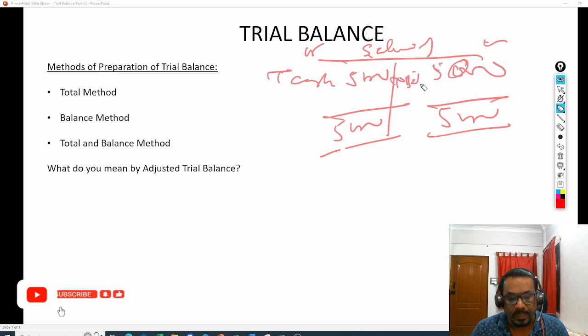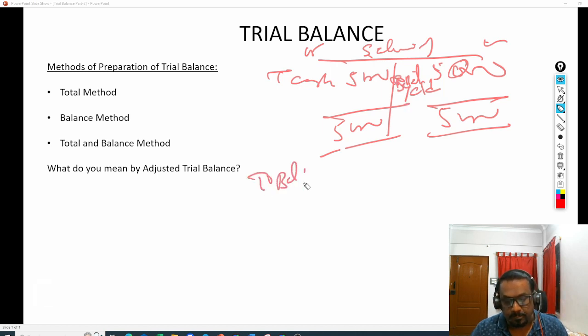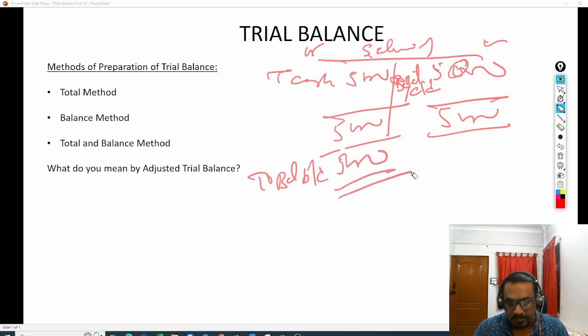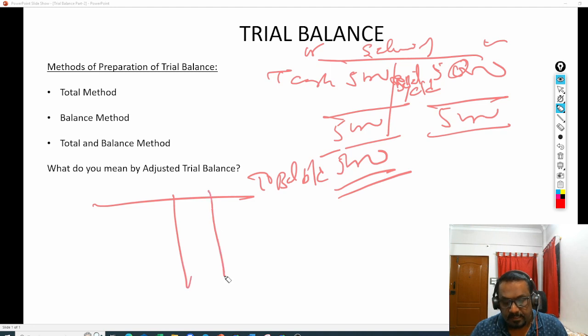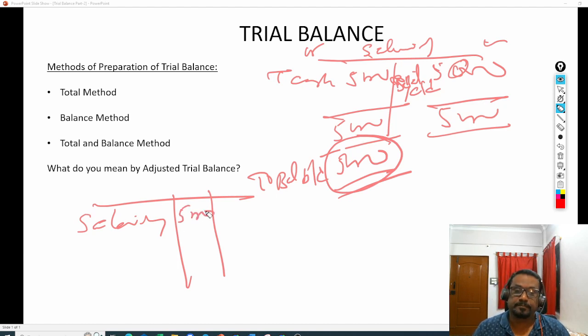Here I will write by balance carried down 5,000. To balance brought down 5,000 I'll write. Then I'll prepare the trial balance. Salaries I will write here. And since the brought down balance is in debit side, then I'll put that amount in debit side as 5,000. Clear?